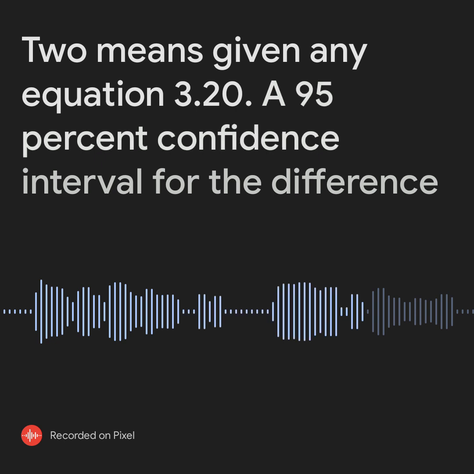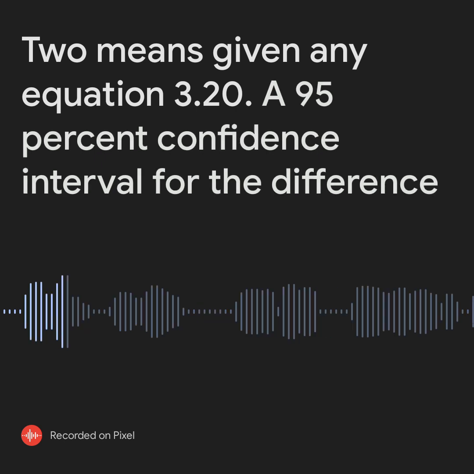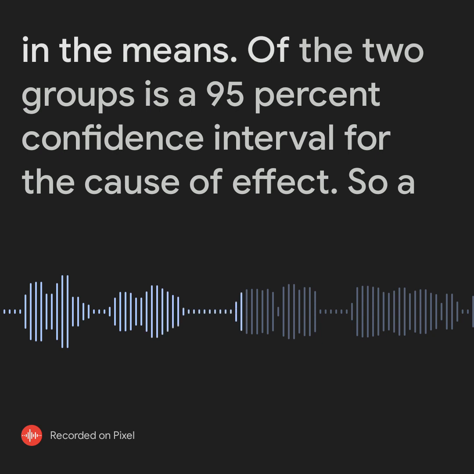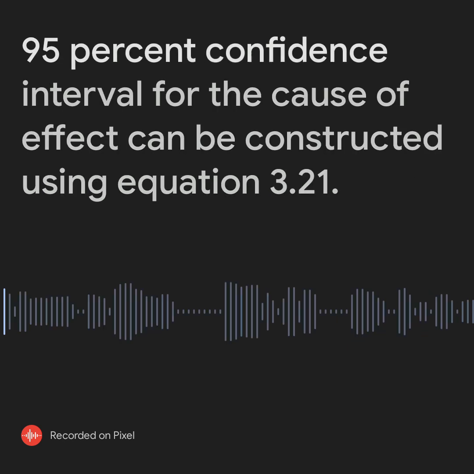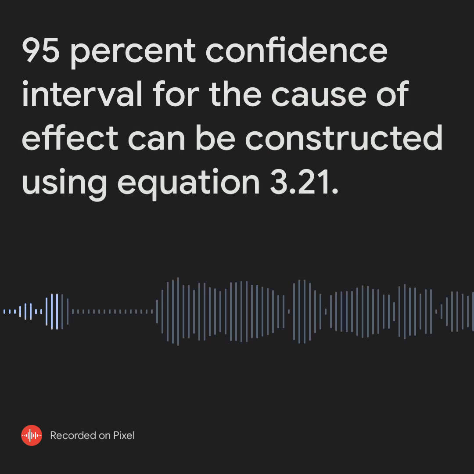A 95% confidence interval for the difference in the means of the two groups is a 95% confidence interval for the causal effect, so a 95% confidence interval for the causal effect can be constructed using equation 3.21.